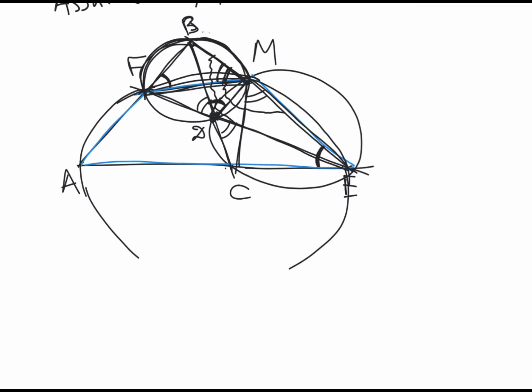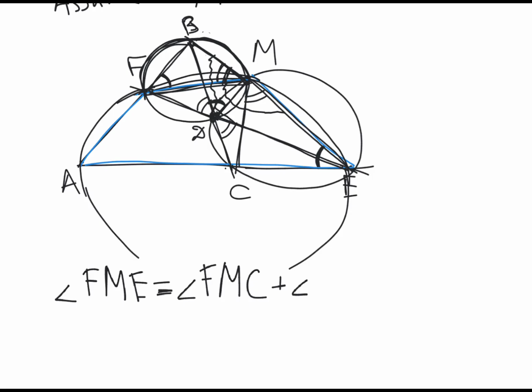So the angle FME is equal to the sum of two angles, the angle FMC plus the angle CME, right? Now the angle CME, we just proved that it is equal to the angle FMB.